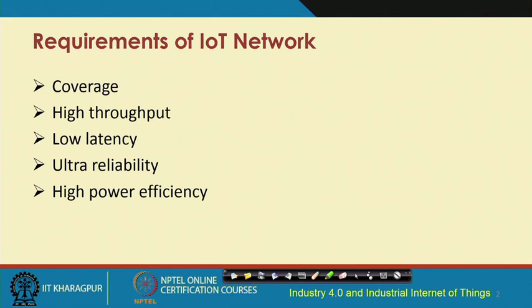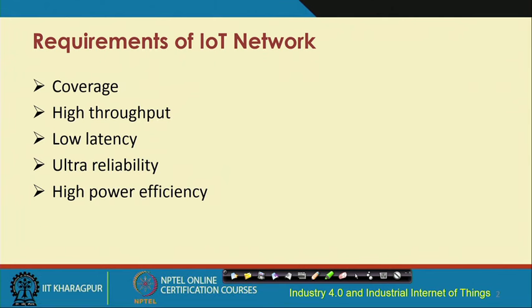Low latency networks are very important, because in most cases, not all, IoT networks would have to support real time traffic, where the timeliness of the data, as we said in the previous lecture, is very important. If these packets are not received on time, then that data is not going to be useful for supporting adequate quality of service of the network.